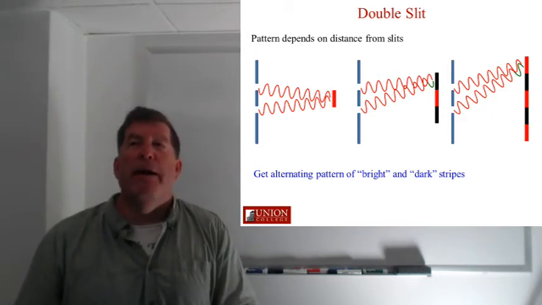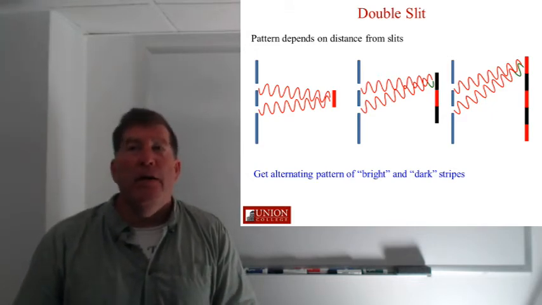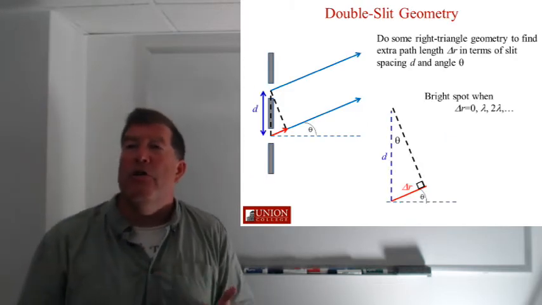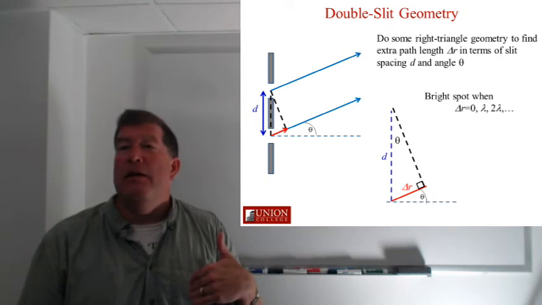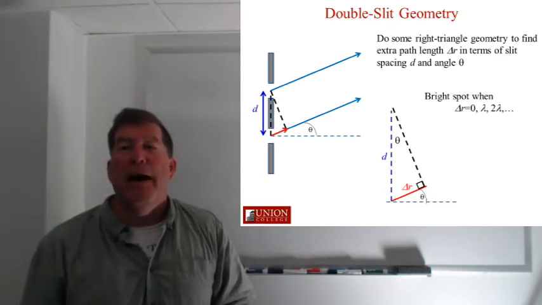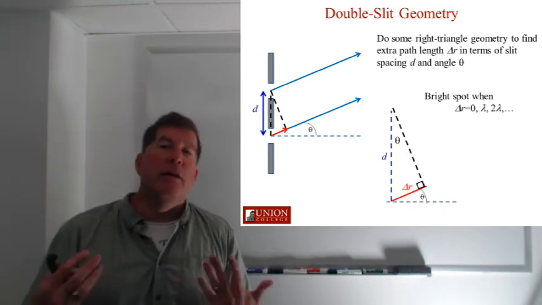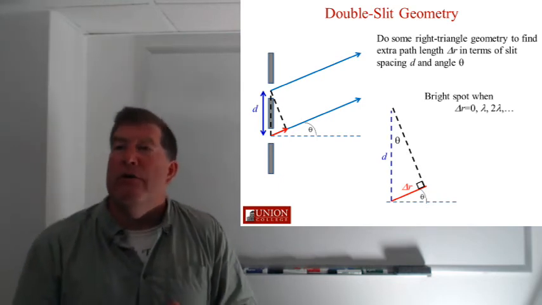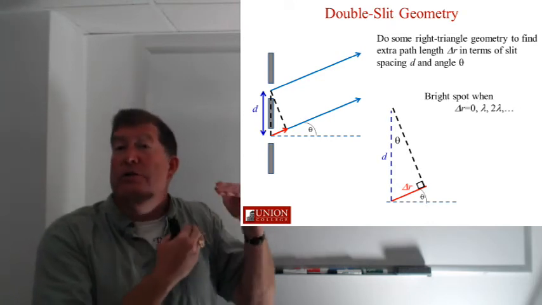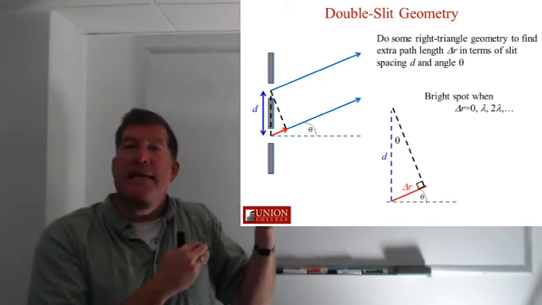Now, you're going to have a little bit of homework in this class, and the assignment from this one is going to be basically to work out this pattern here in terms of the angle at which you observe these spots. And to do that, you need a little bit of right triangle geometry. This figure shows you 2 slits that are spaced by some distance d.